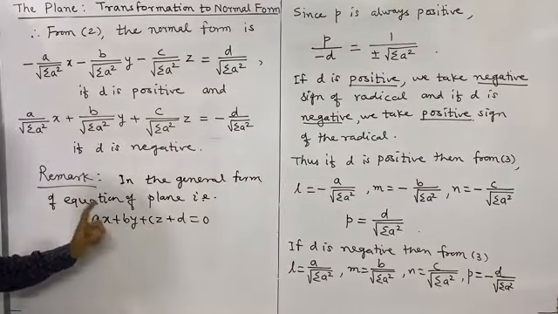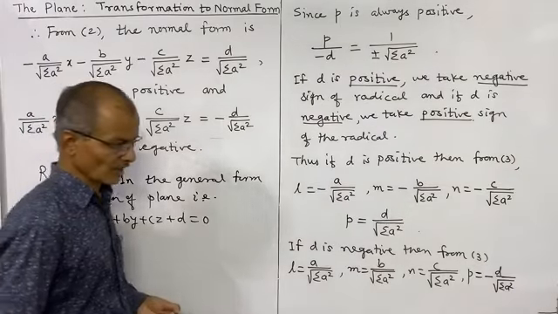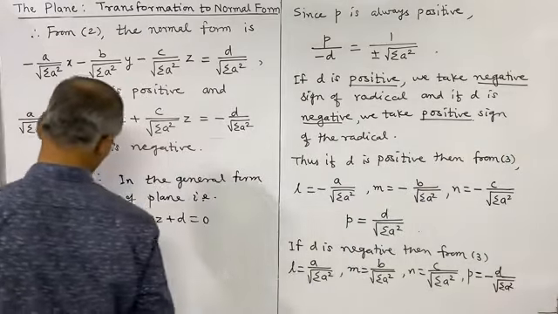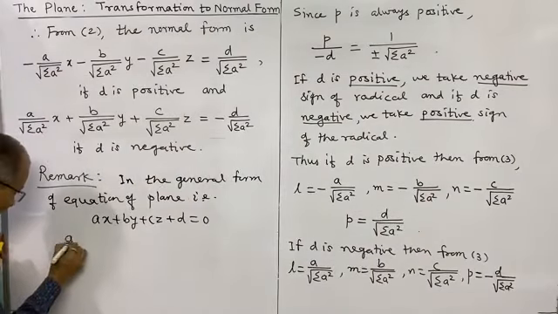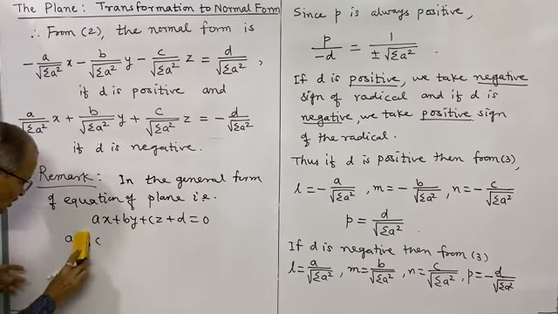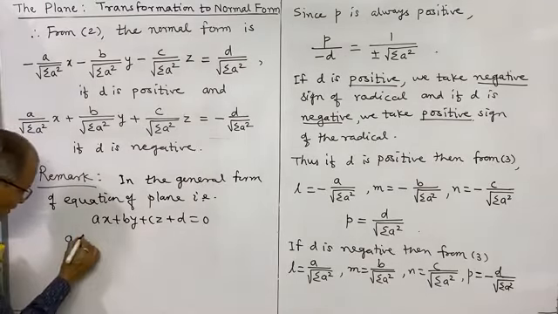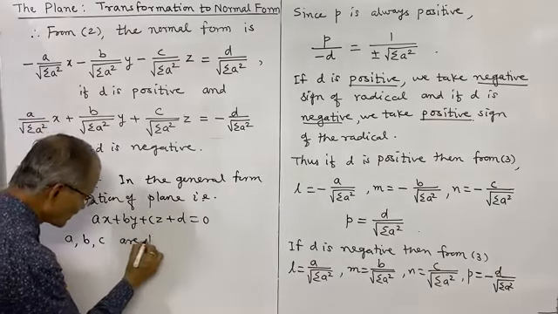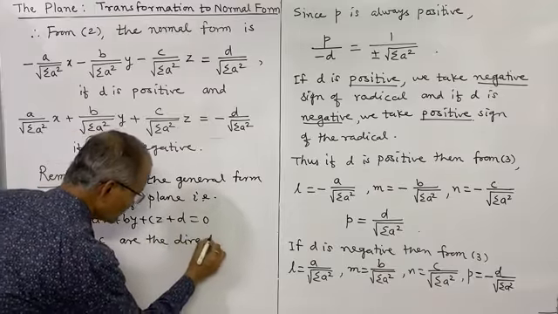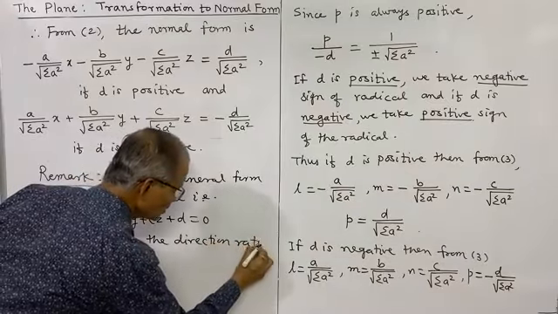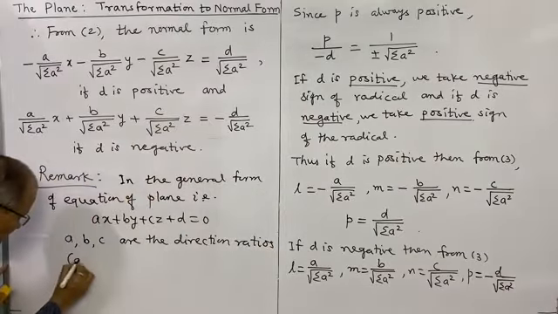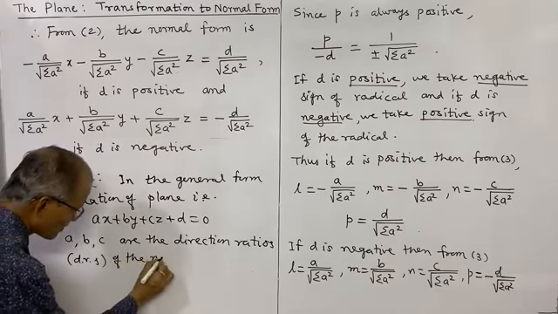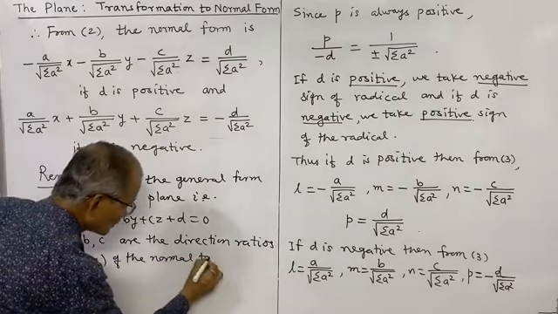The quantities which are proportional to the direction cosines are called direction ratios, and therefore A, B, C are the direction ratios of the normal to the plane. Normal means perpendicular to the plane. In short we may write this as DRs of the normal to the plane.